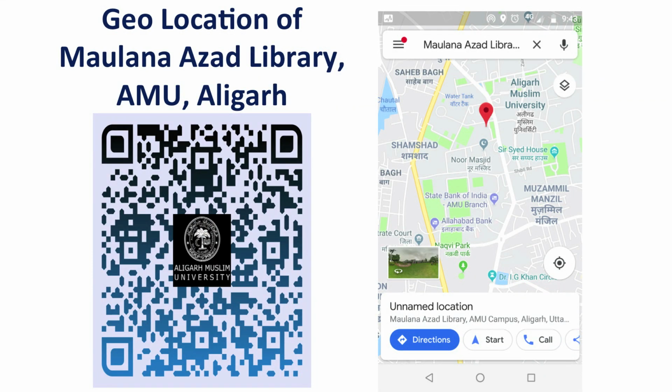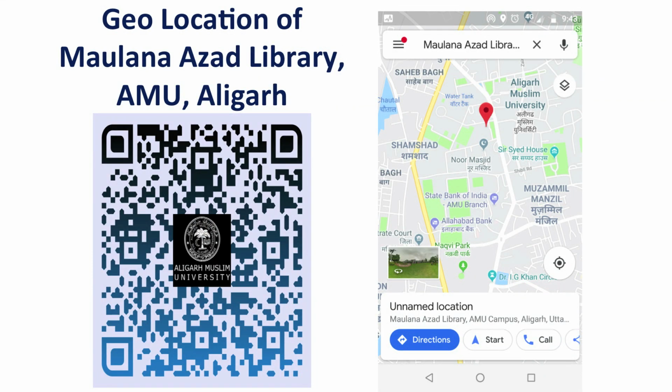If a new user is coming to a particular library for the first time, finding it is very difficult. Many times they are searching how to reach that particular library, and if it is a multi-storied library, again it is very difficult. So, finding the library is very easy with the help of these QR codes. Here is the example.